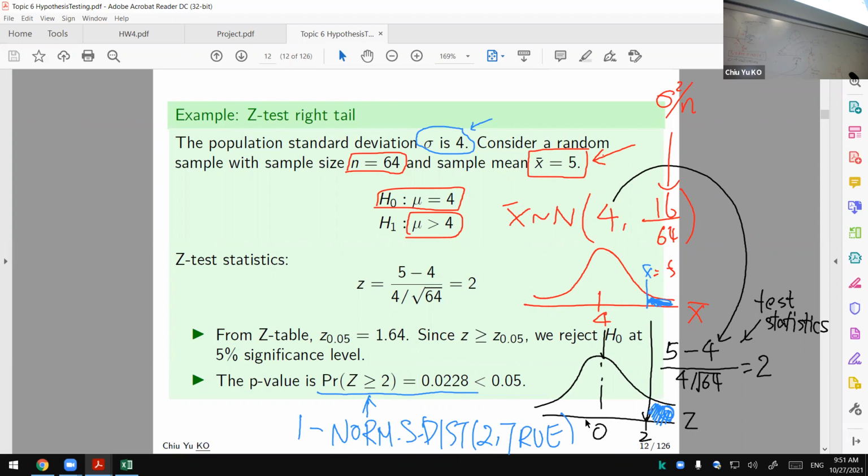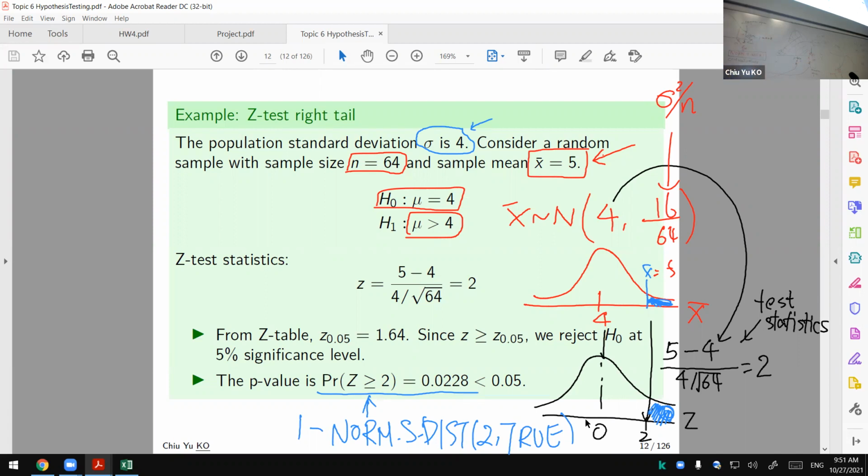So it's far enough away from 0. That means that your... I think this is 4 here, right? For example, here this is 4, and what you get is 5, and 5 is far away from 4 in this example, okay? And this P is 0.028, right?